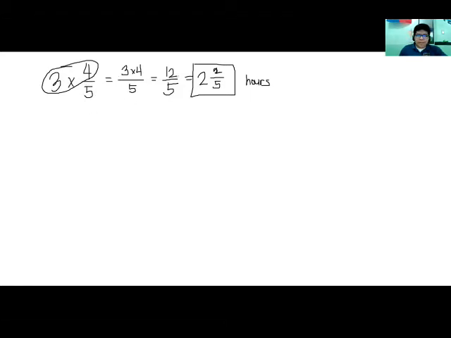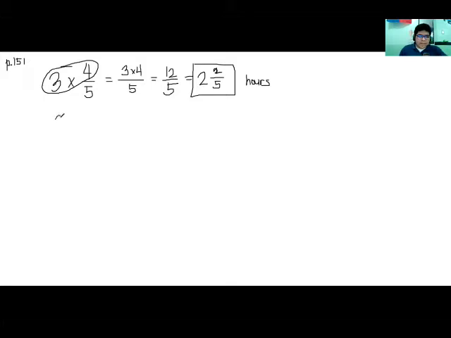Another way of doing that para mas madaling maintindihan, ganito: 3 is a whole number. Lahat ng whole number ay mayroong denominator na 1. Diba? Kasi pag dinivide mo siya sa 1, it's just the same.